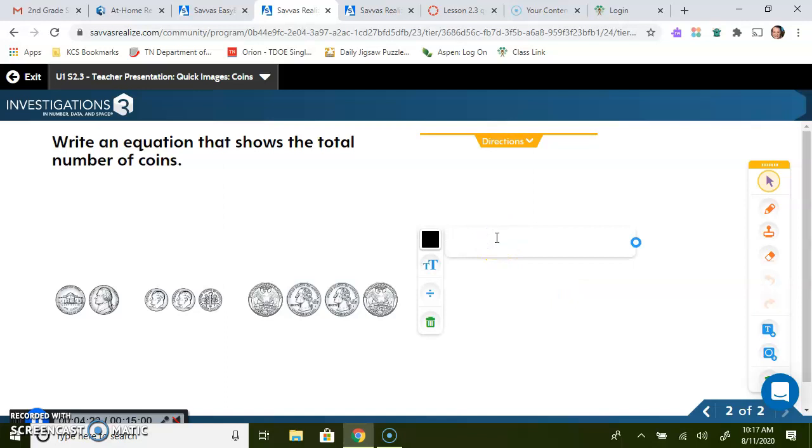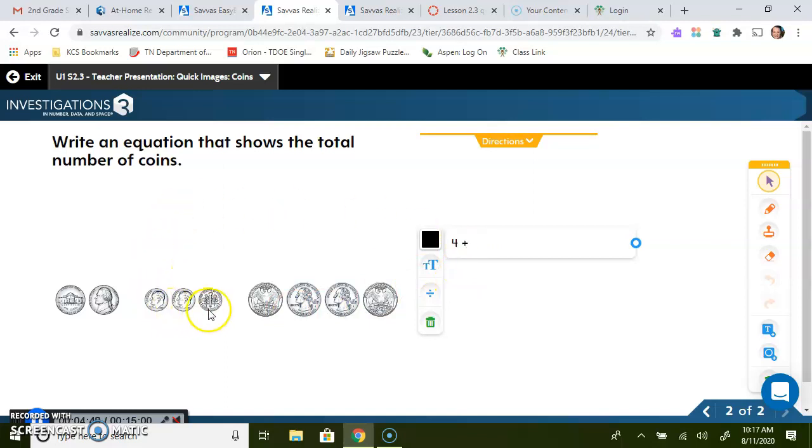So now let's talk about how we may have found the total number of coins. Who saw the dimes first? Okay, some of us did. Who saw the quarters first? Good. Who saw the nickels first? Absolutely. When I first saw this, I think the quarters jumped out at me first, probably because they're the largest. How many quarters do I have right there? Good, I have 4.